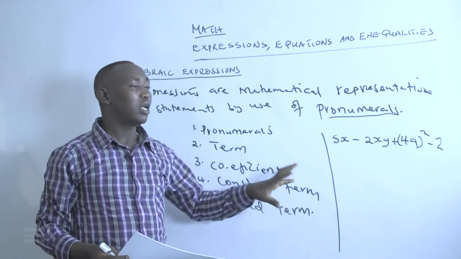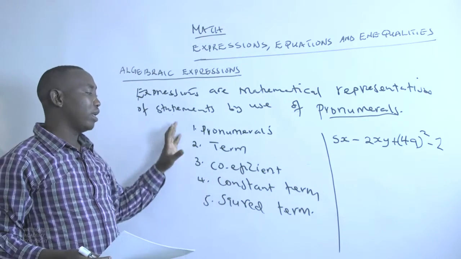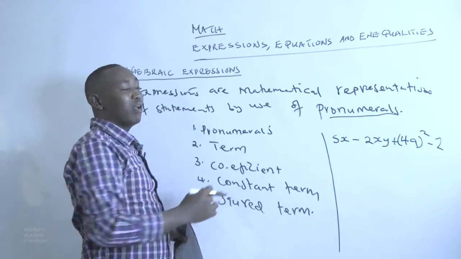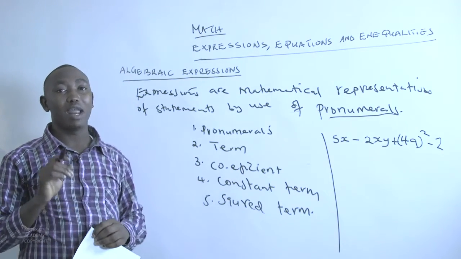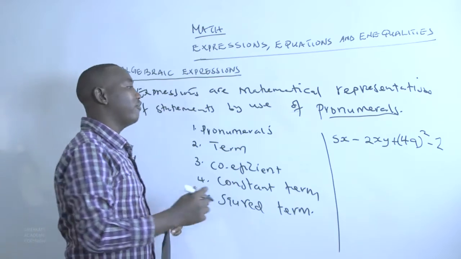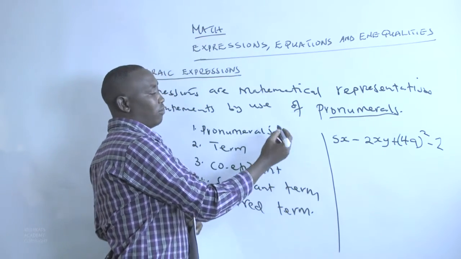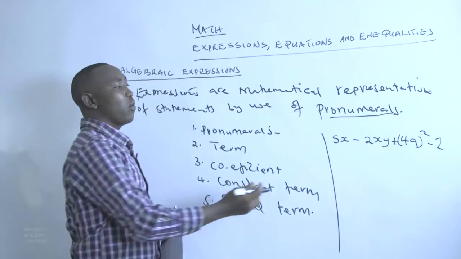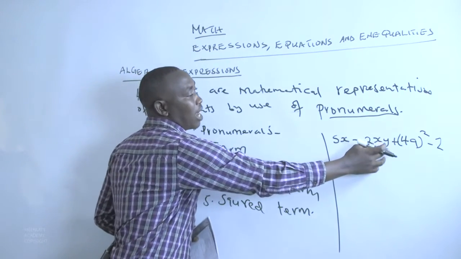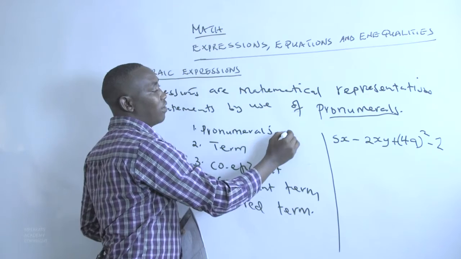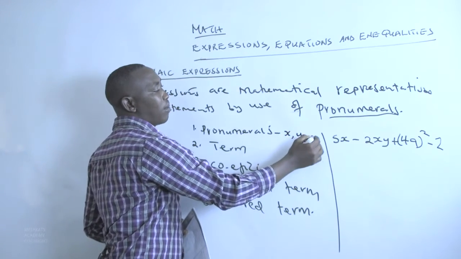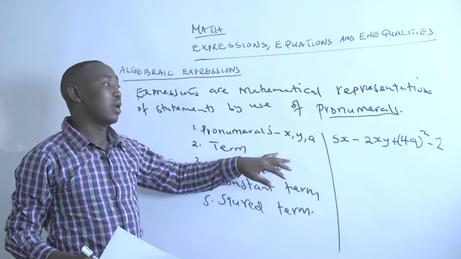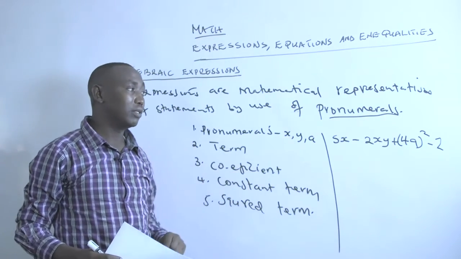In this particular case, we want to derive these 5 concepts that we have highlighted. So for the pronumerals, we have said they are the alphabetic letters, and therefore number 1, for these pronumerals in this particular algebraic expression, we have x, y, and a. They are what we call the pronumerals or the alphabetical letters.